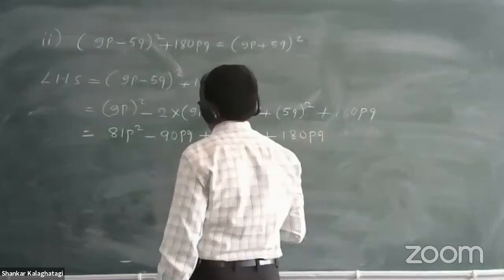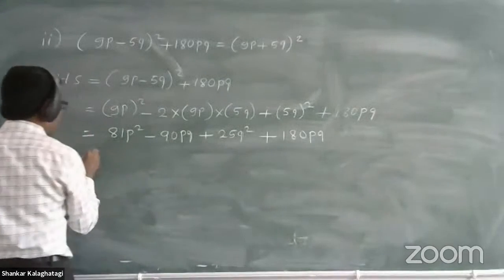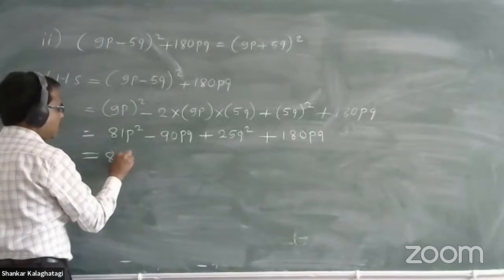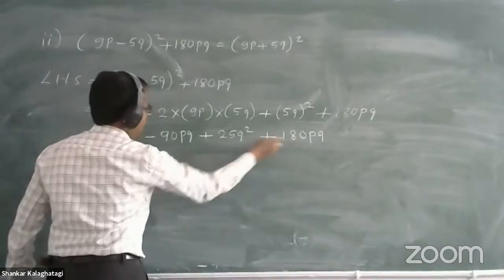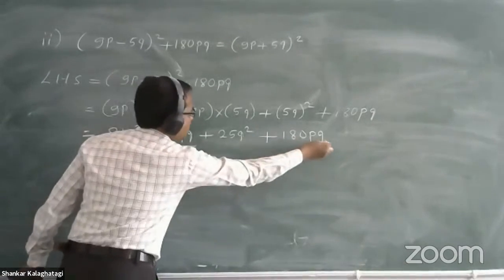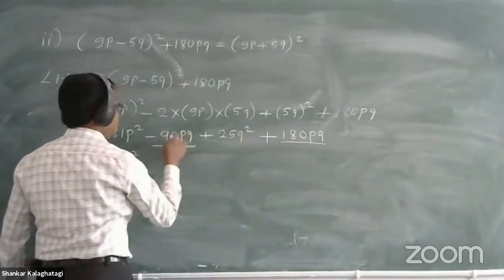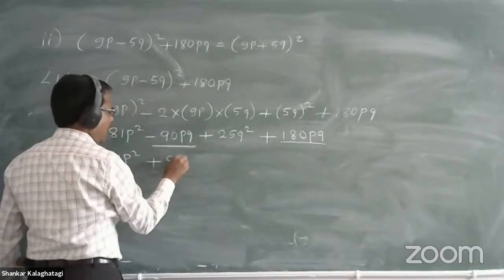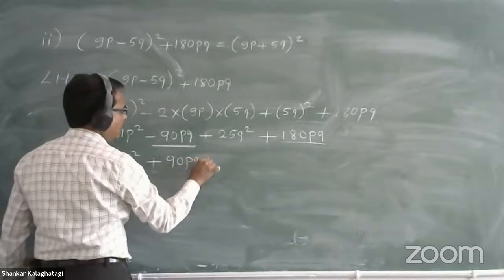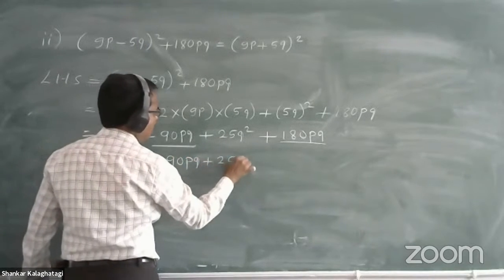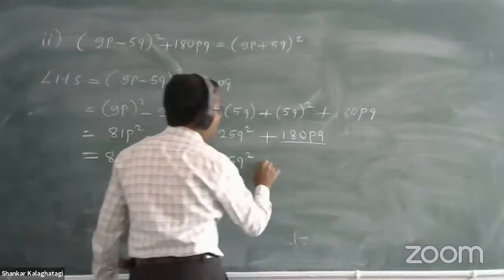Okay, very good. Now this is equal to 81p², 180pq and 90pq. 180 minus 90 is plus 90pq plus 25q². All this is 1.